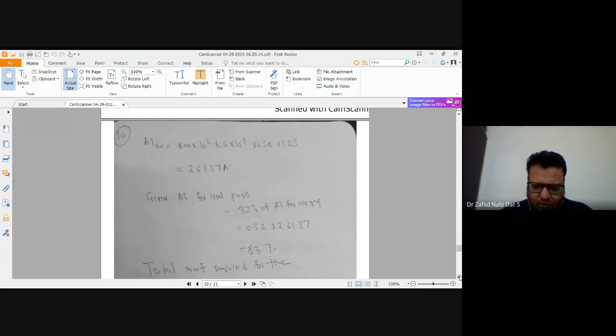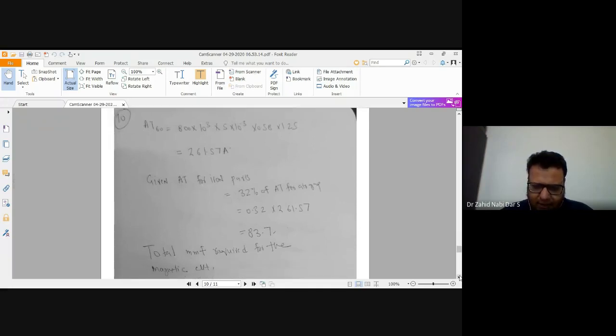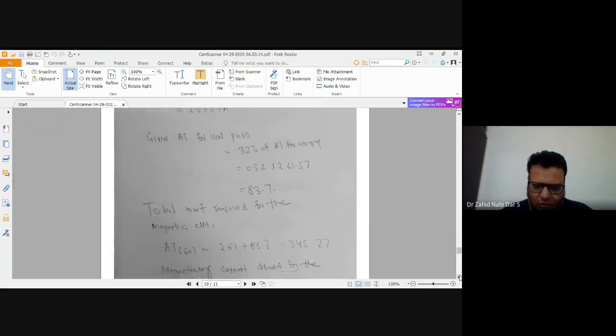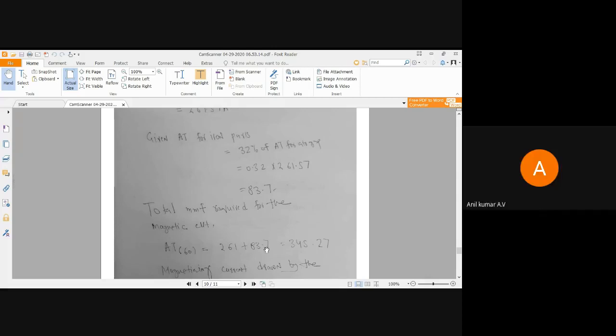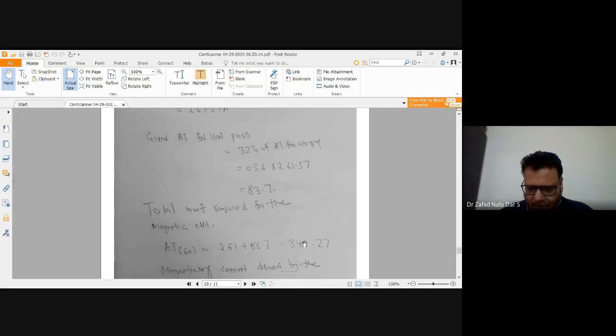So the total mmf required for the magnetic circuit would be the iron part, which consists of stator, rotor and core, plus the part for the air gap. So this plus this would be 345.27.